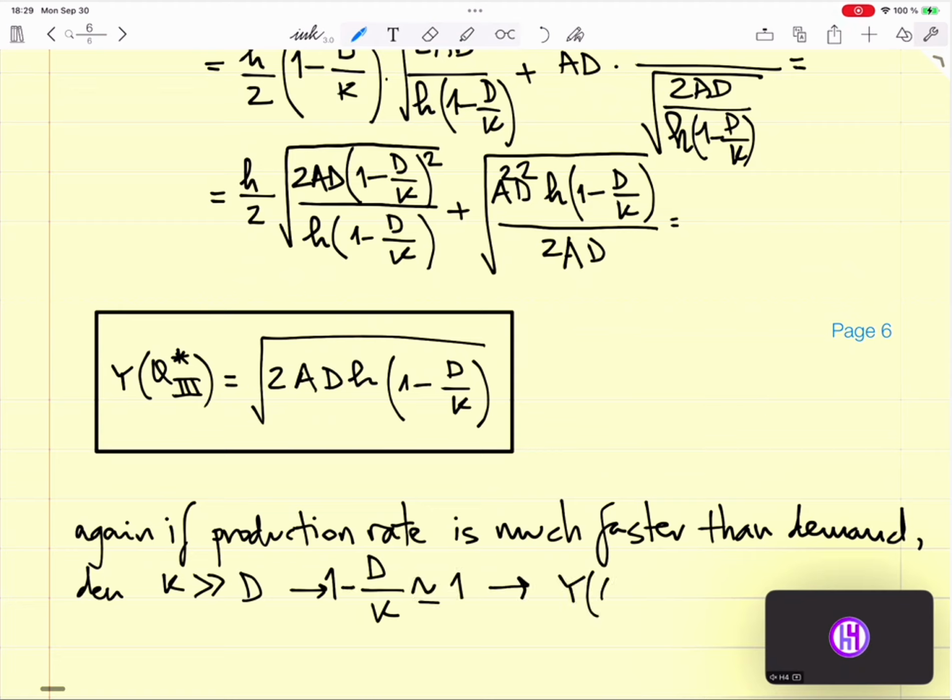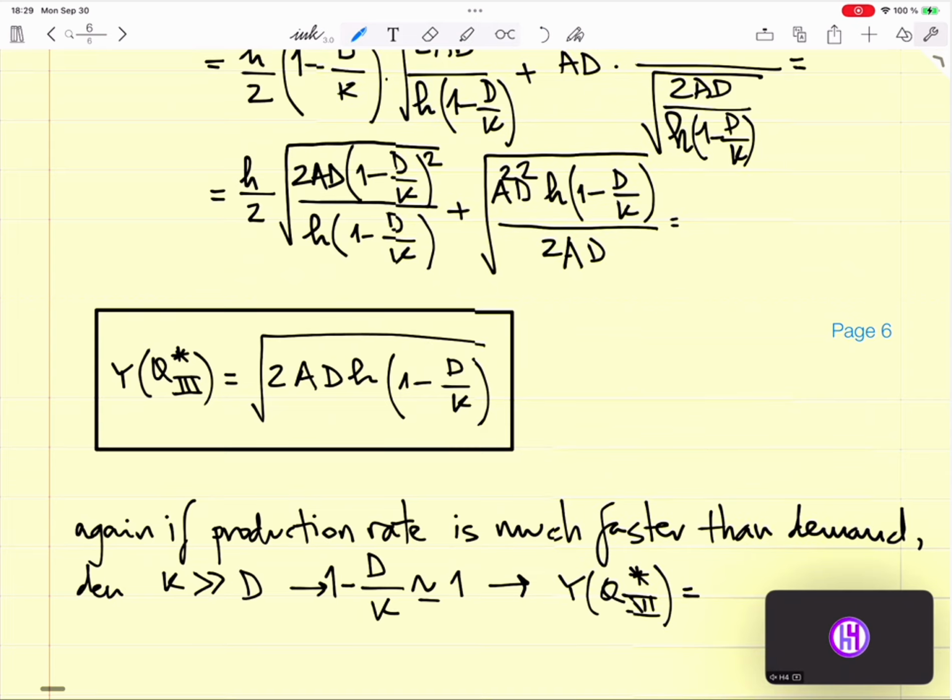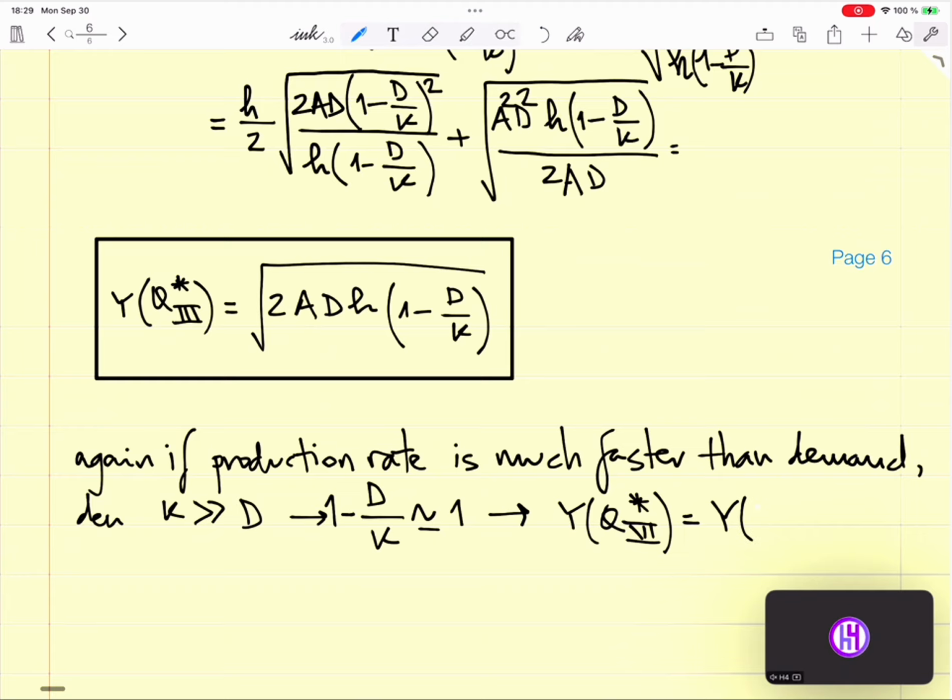As a result, the optimum cost is almost the same as in the first model.